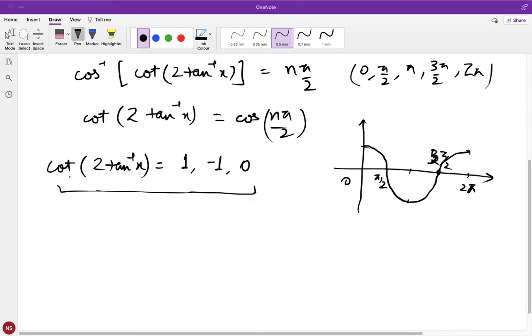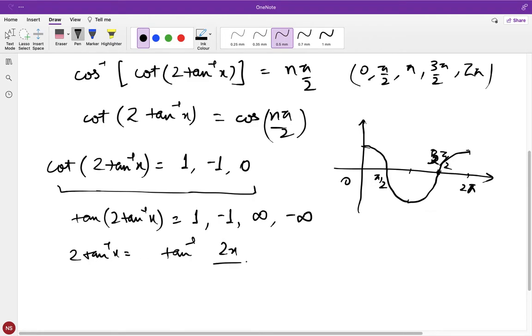Now I want to convert this to tangent. Okay, so tan would be what? We know that tangent is the reciprocal of cot, so 1 by 1 is 1, 1 divided by minus 1 is minus 1. And 1 divided by 0 can be either infinity or minus infinity, right? Now 2 tan inverse of x is equal to tan inverse of 2x by 1 minus x square.